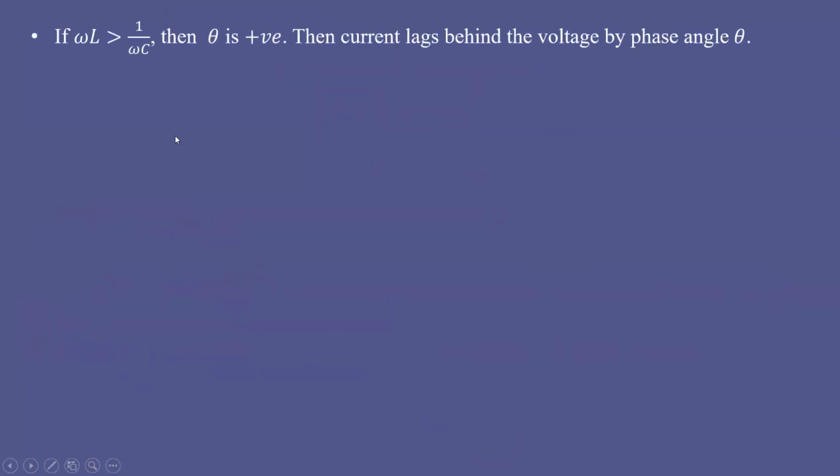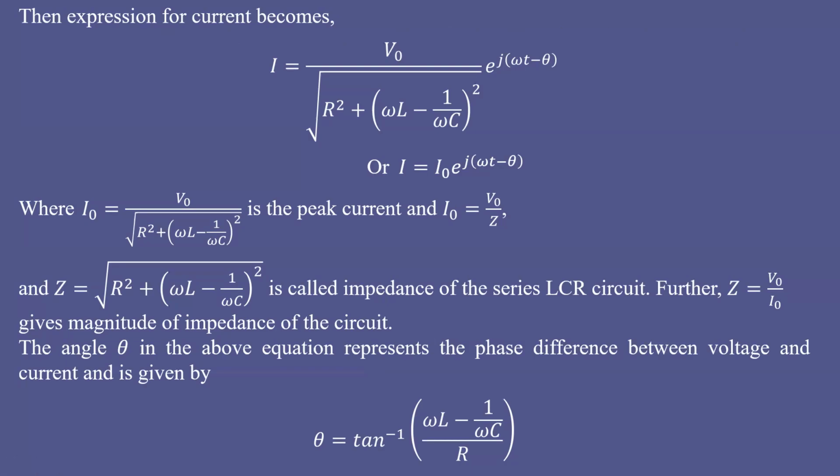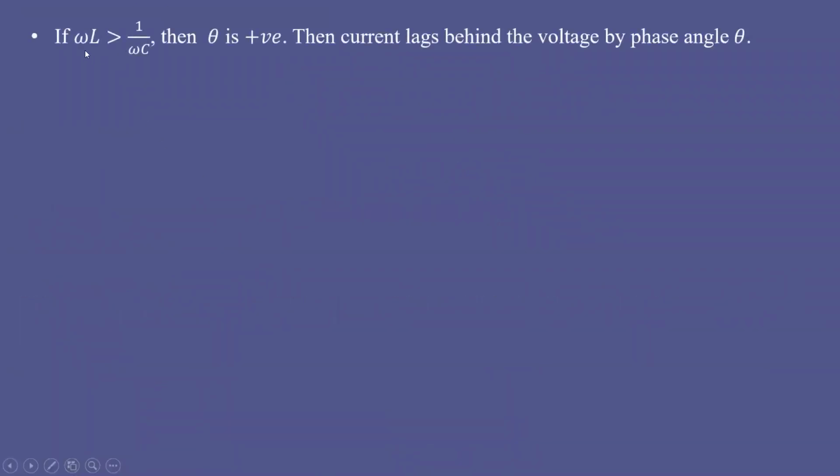There are two possibilities. In the theta representation, omega L minus 1 by omega C is present in the numerator. So this may be positive or negative based on the values of omega L and 1 by omega C. If omega L is greater than 1 by omega C, then definitely theta is going to be positive because omega L minus 1 by omega C is positive.